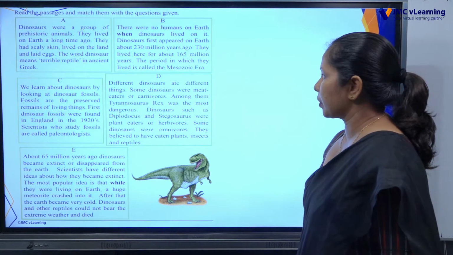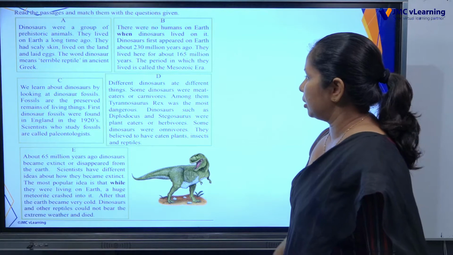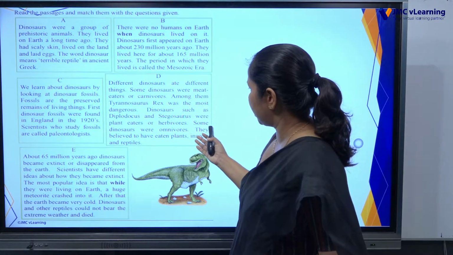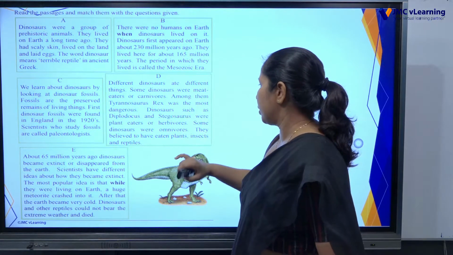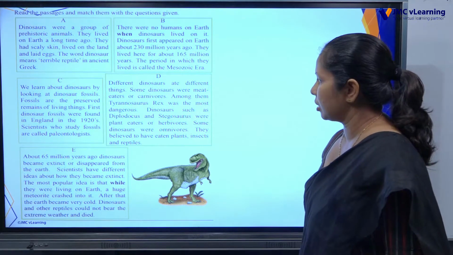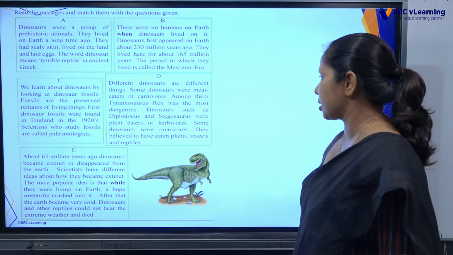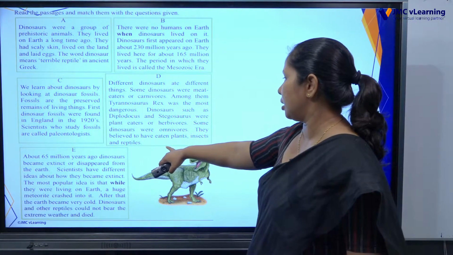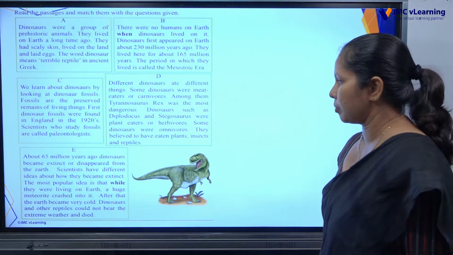So, here they speak about what the dinosaurs ate, and we can learn 3 new words. One, that is carnivorous, herbivorous and omnivorous. So, carnivorous are meat eaters, herbivorous are plant eaters, omnivorous eat plants, insects and reptiles.